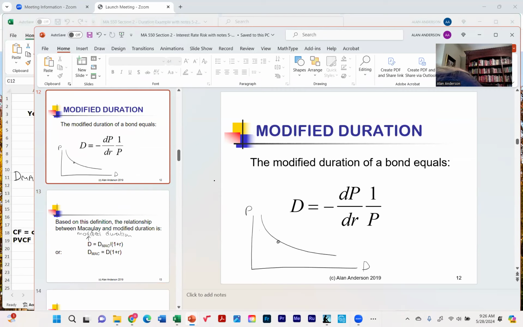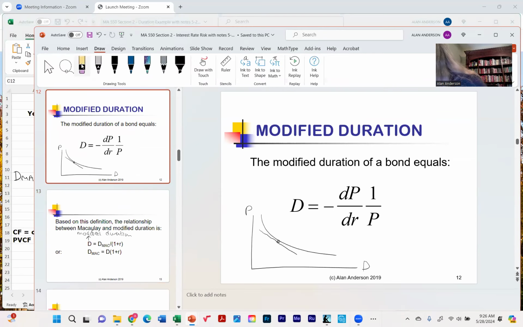So if you drew a tangent line here, oh, what did I do? Hold on. This is supposed to be R. The slope of this tangent is, of course, negative. Sorry, it's just dP over dr. Right, of course. What else would it be?